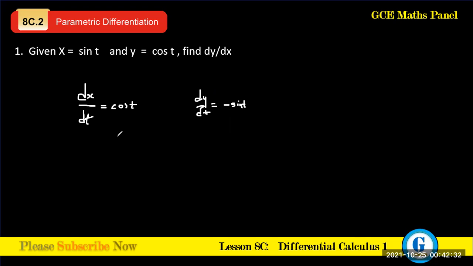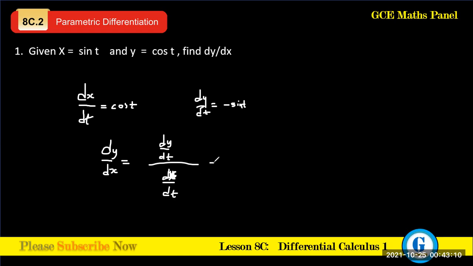So from here, what will be dy dx? Dy on dx will be equal to dy on dt, all of that divided by dx dt.